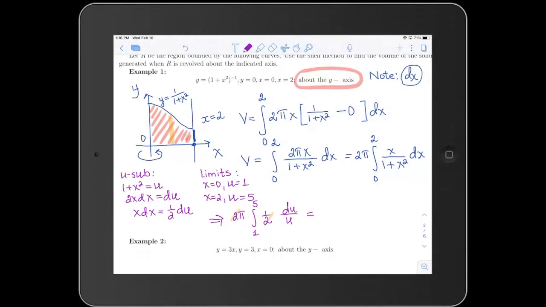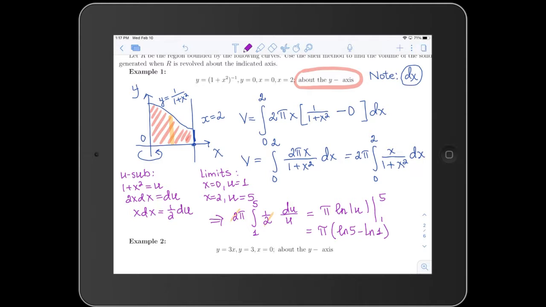We get pi times the natural log of the absolute value of u, from 1 to 5, and then we just evaluate. This is pi times natural log of 5 minus natural log of 1, which is 0, right?